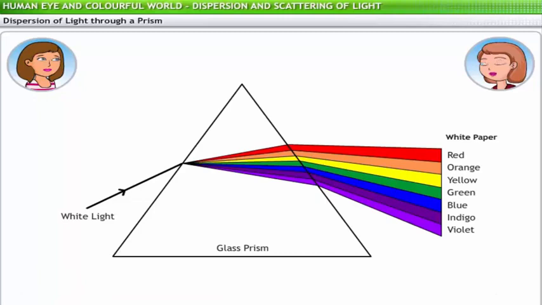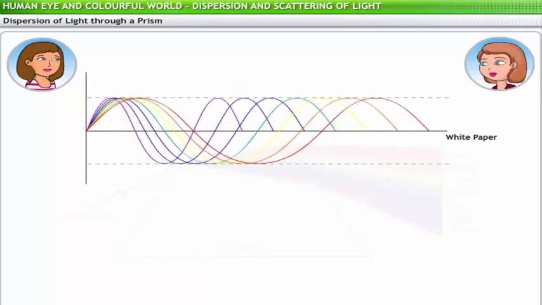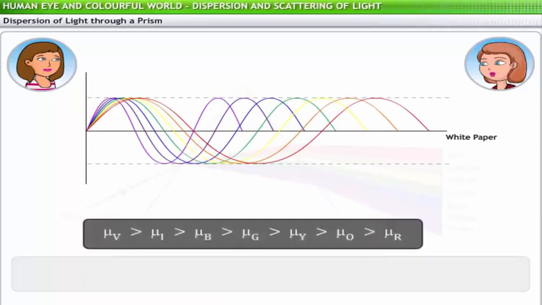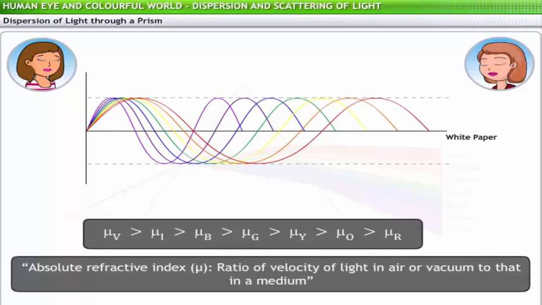When white light propagates through a prism, it refracts at an angle. However, the angle of refraction of each of the constituent colors of light varies a little. This is because the frequency and hence the wavelength of each of the constituent colors of white light is different.